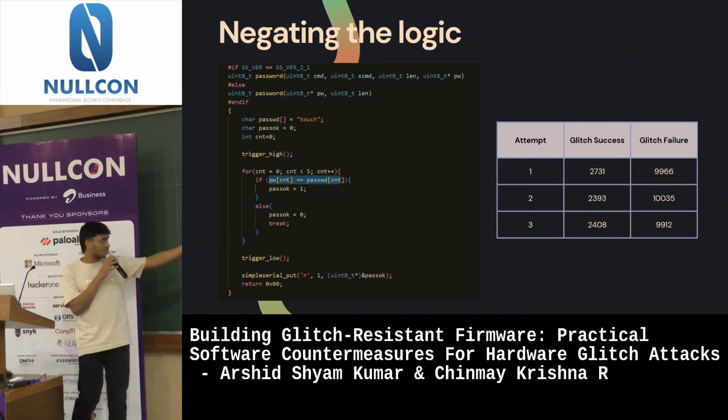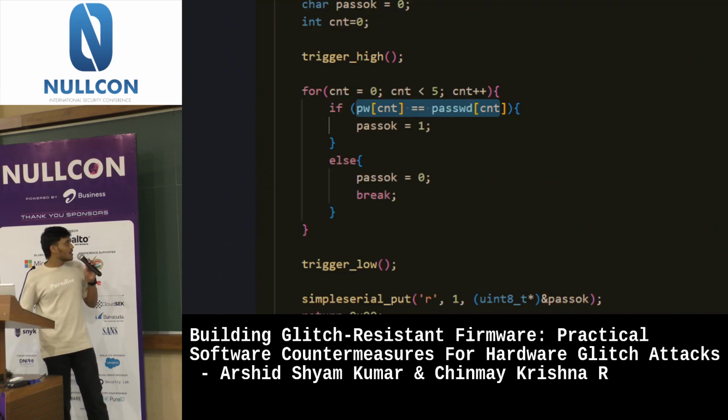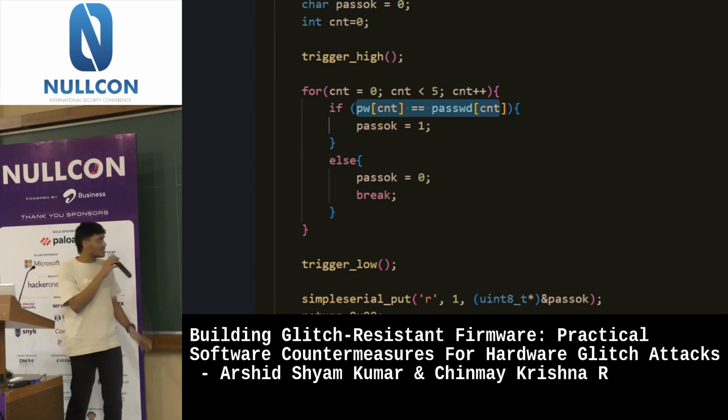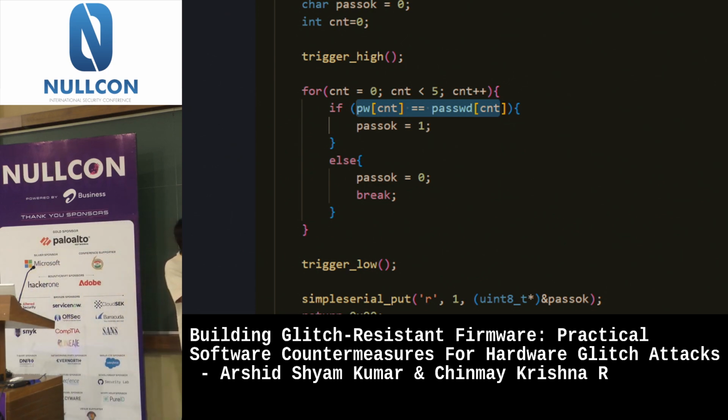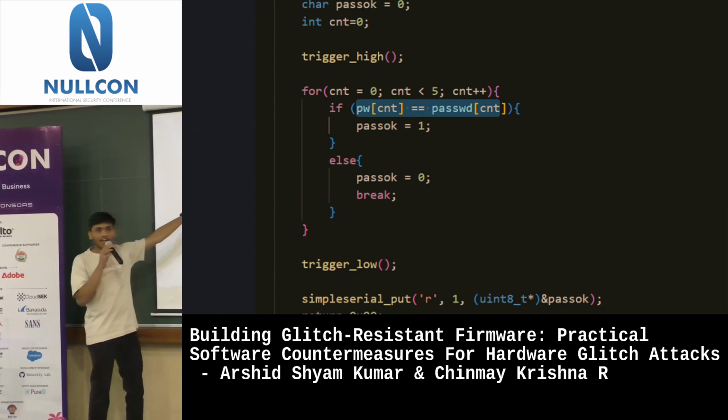Look here, glitch successes like 2,700, 2,300, 2,400. So this tremendously made it easier for the attacker to glitch into the system. And this was done by just negating the way we write the password check. Previously we were checking if the password was not equal and setting the password key flag to 0.